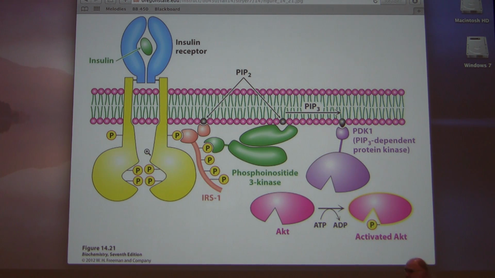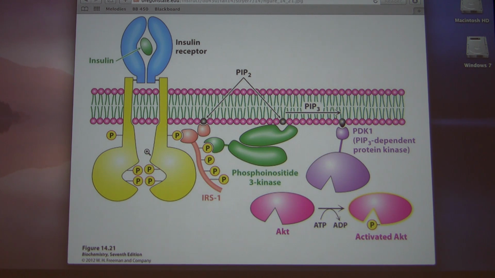This kinase cascade changes the movement of a very important protein called GLUT, G-L-U-T. There are several GLUTs in the cell. GLUT stands for glucose transport. What this kinase pathway is doing is altering the movement of GLUT in the cell.